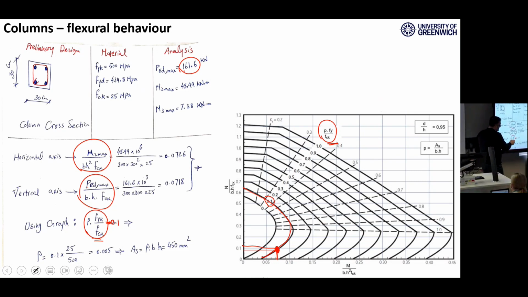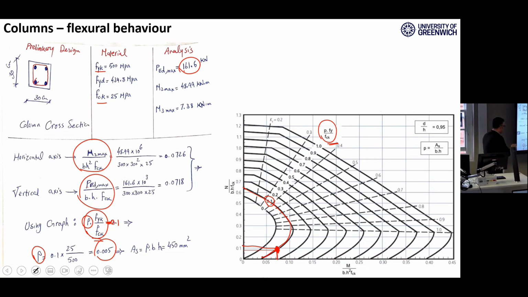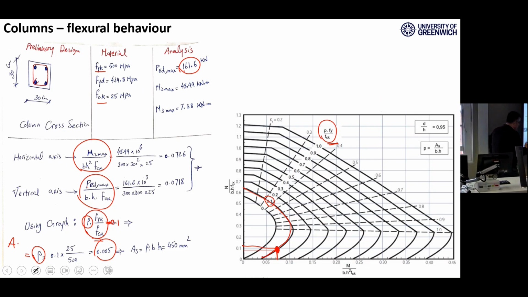Okay. I have FCK and FYK, and just substitute these two here. I can calculate rho equal to this number, right? So rho is always AS, reinforcement, over BD, right? The ratio of reinforcement.